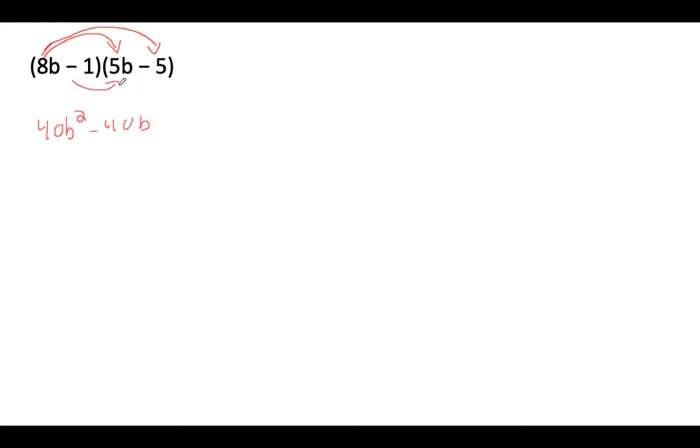Then the insides, negative 1 times 5b, minus 5b, and then negative 1 times negative 5, the last, will be a positive 5. We can combine like terms here. You get 40b squared minus 45b plus 5.